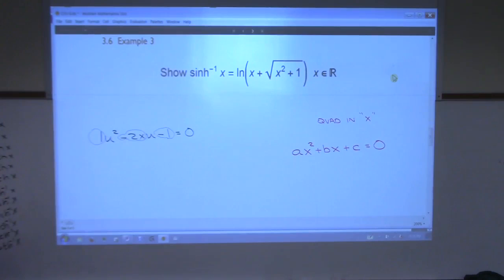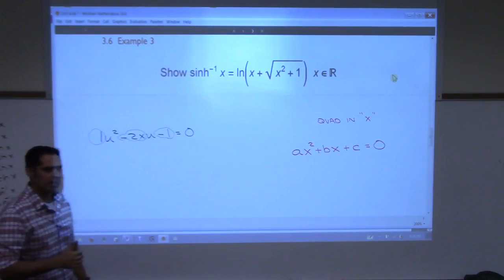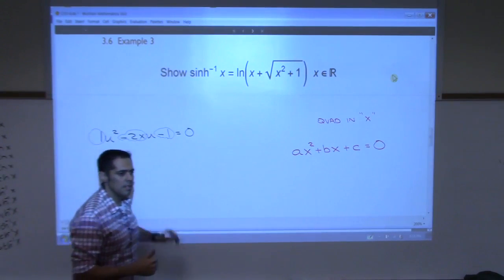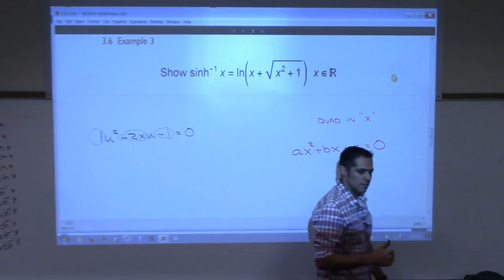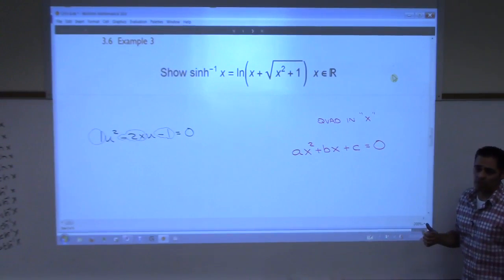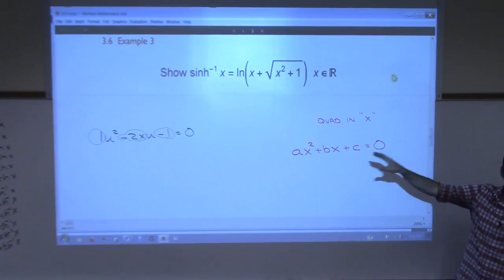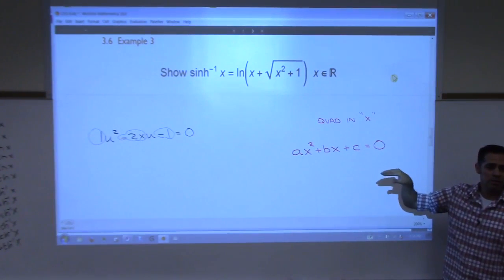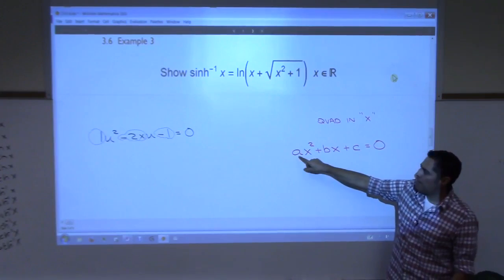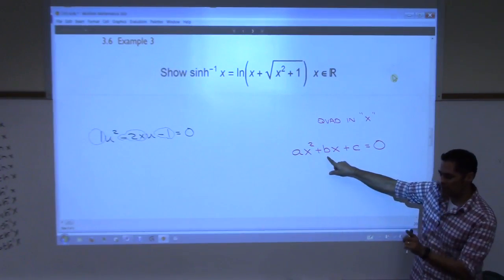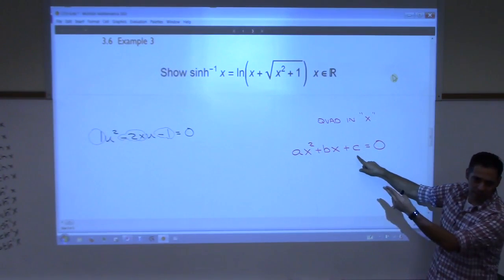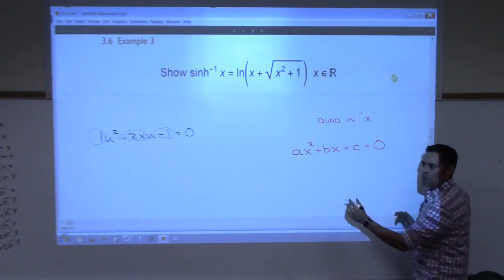I wonder if the quadratic formula would still work even though that's a variable. And the answer is yes. It'll still work. So all I'm going to do now is apply the quadratic formula to that quadratic in u, using 1 instead of a, negative 2x instead of b, and negative 1 instead of c.